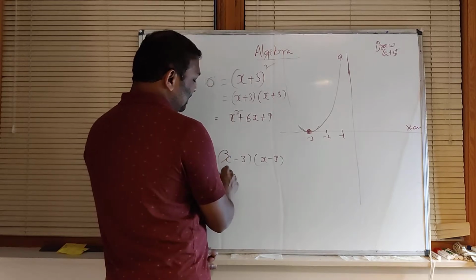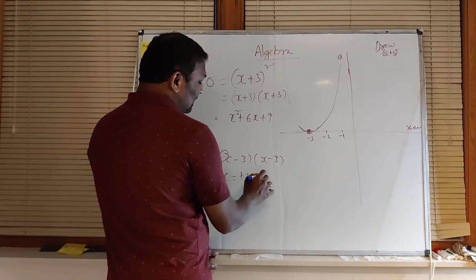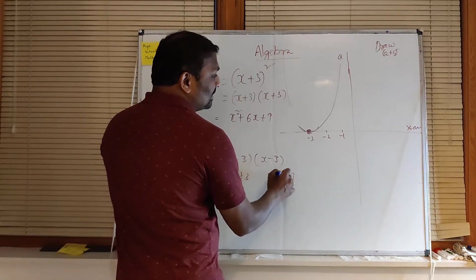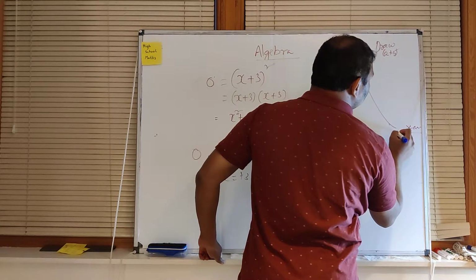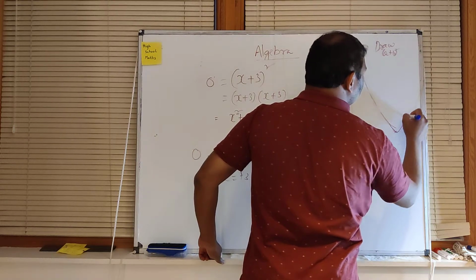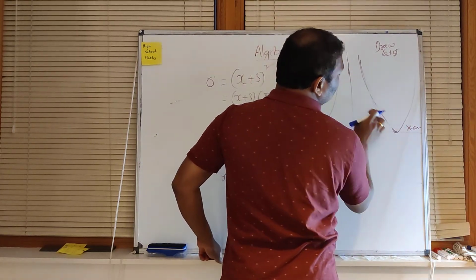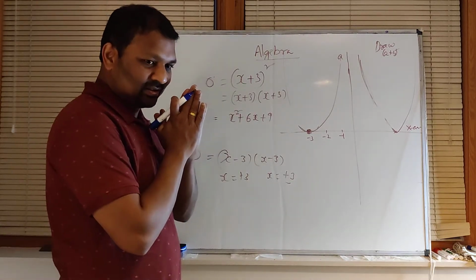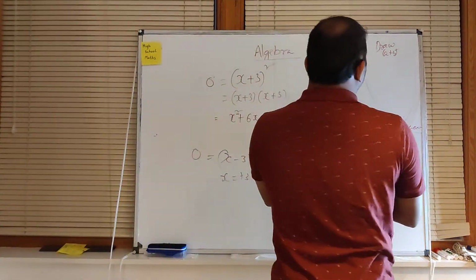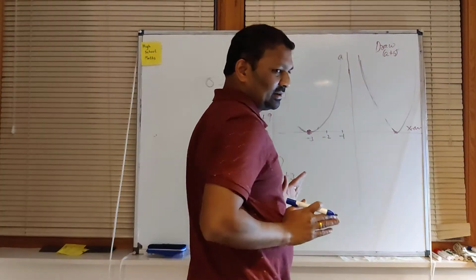When you equate it to 0, you get x as 3 and x as 3. So it is going to be like this, and if you fold it along the y-axis, both sides will be symmetric.